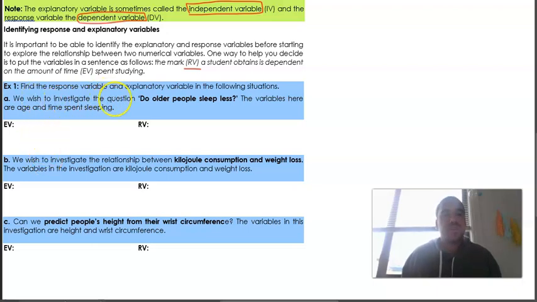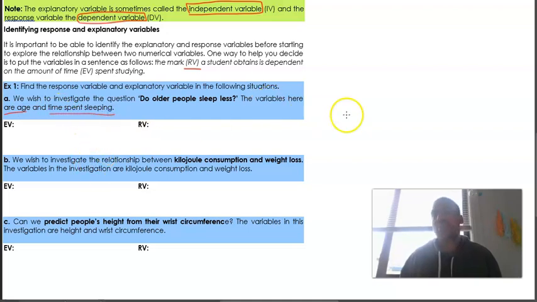Find the response variable and explanatory variable in the following situations. We wish to investigate the question, do older people sleep less? The variables here in this case are the age and the time spent sleeping.